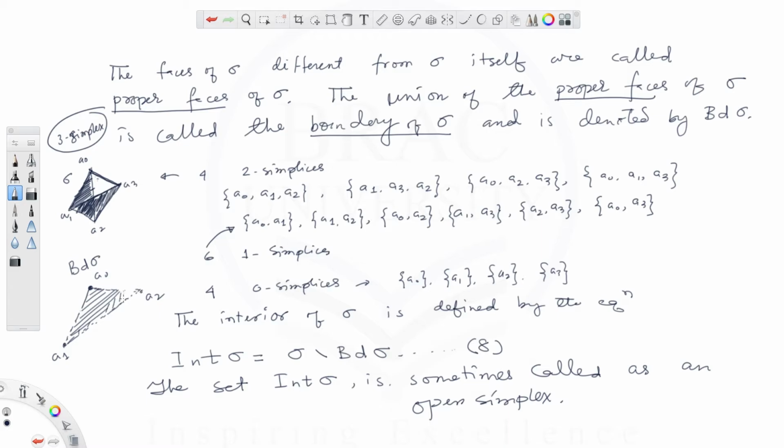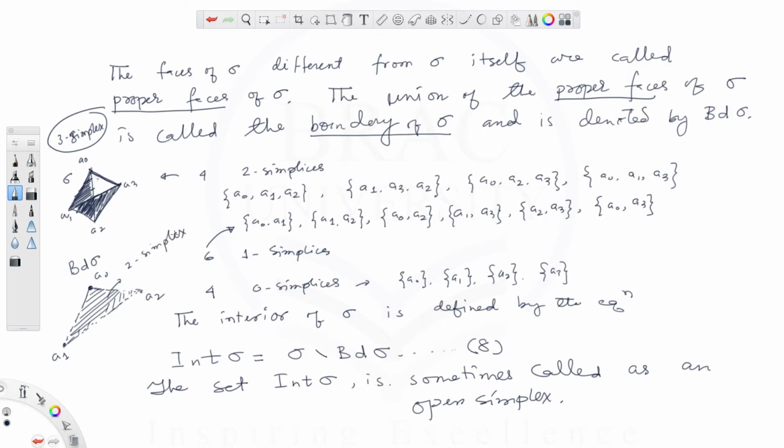It does not include either the vertices or the 1 simplices, which are the proper faces of this 2 simplex.